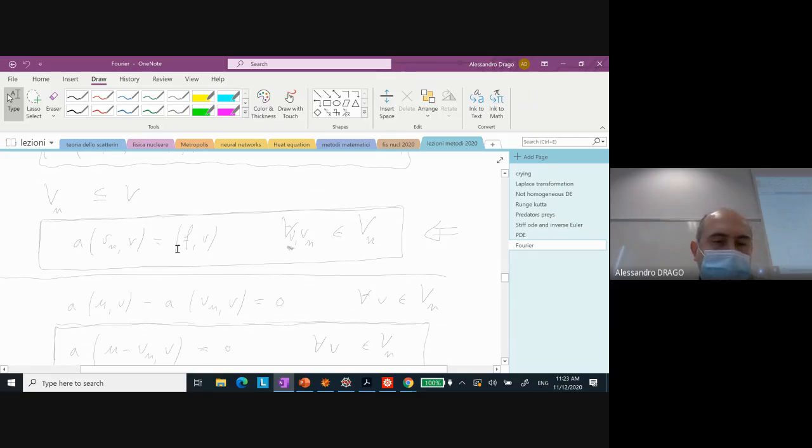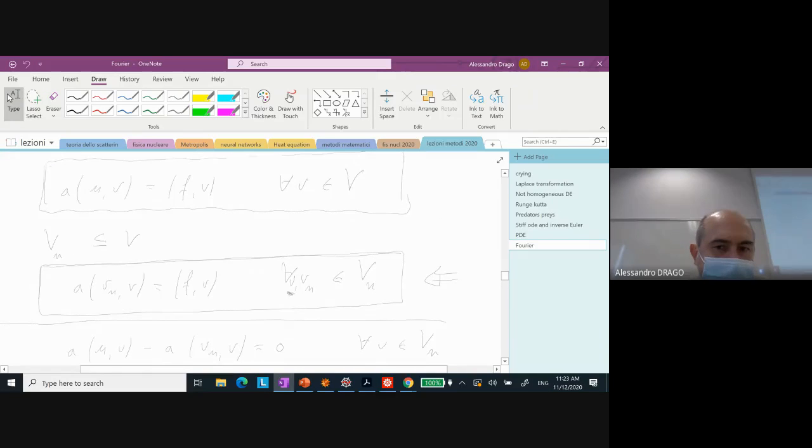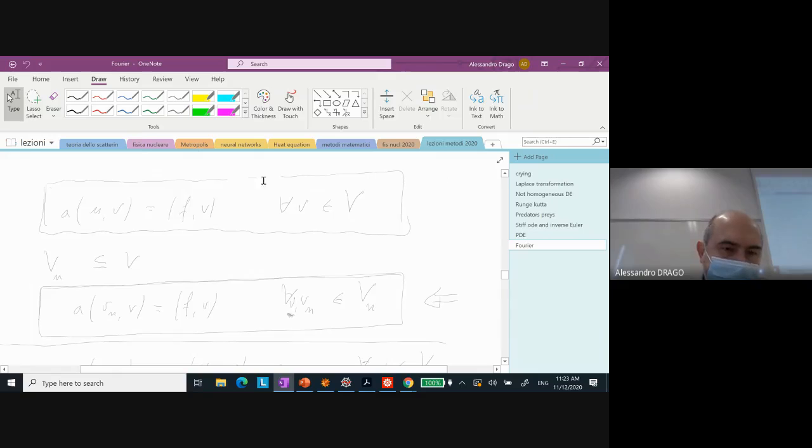So essentially what we are doing is that we are looking for a Vn. There is this notation a little bit strange because U is the solution of the original equation. Now we call Vn the solution in the subspace, the approximation to the solution in the subspace. And the test function, the V, is also restricted to the subspace.